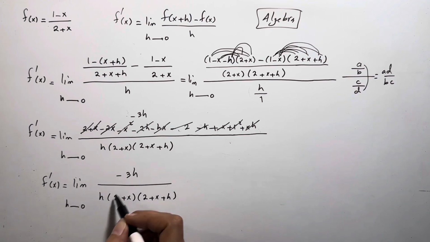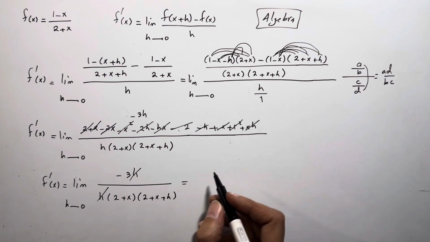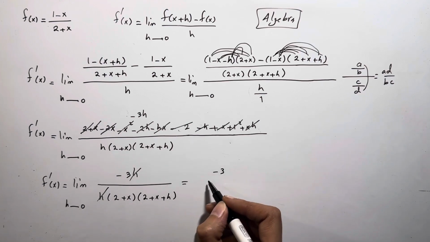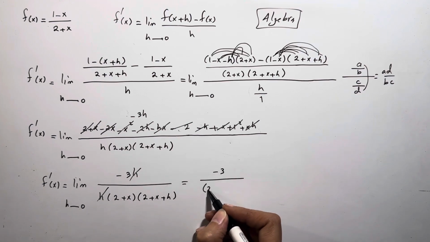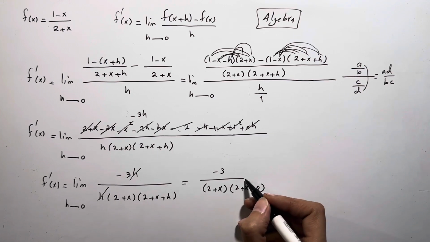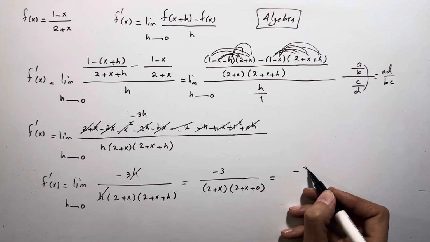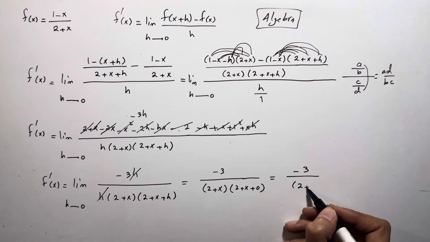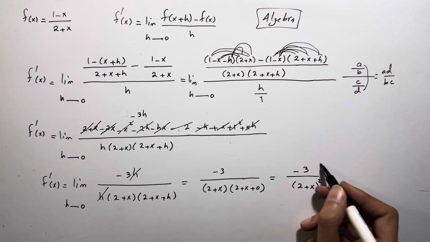As h goes to 0, you can cancel out h and h, and you have negative 3 divided by 2 plus x, 2 plus x plus 0, or the derivative is negative 3 divided by 2 plus x to the second power.